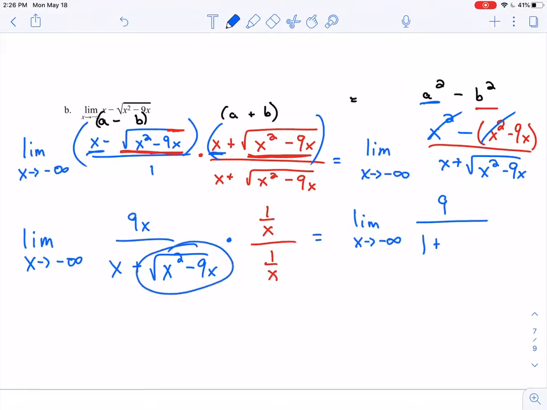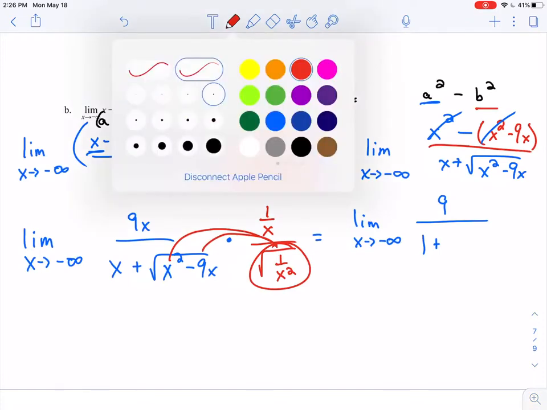I have this radical, and then I have something else which is not under a radical. So maybe instead of multiplying that by 1 over x, I can again pull the same trick I did last time and think of that as the square root of 1 over x squared. Then I can distribute that to each part here, because now it's under a radical as well.